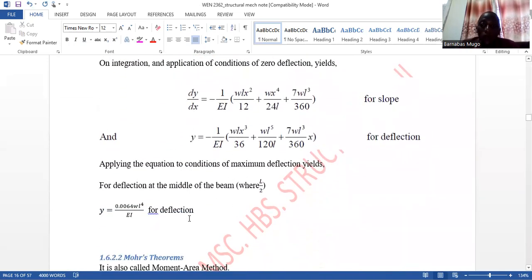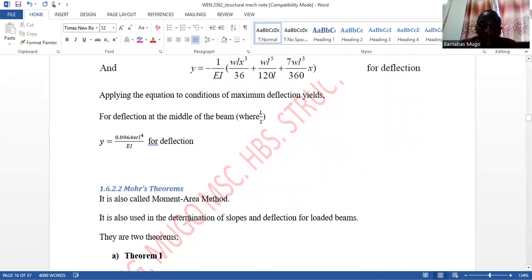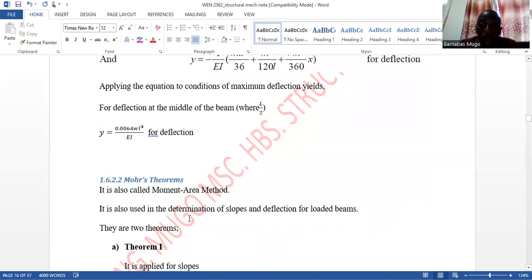But what I'm going to say is that the first integral is going to give me the slope, and the second integral is going to give me the deflection. So that is how you go about coming up with the deflection and also the slope by use of Macaulay's or double integration method.